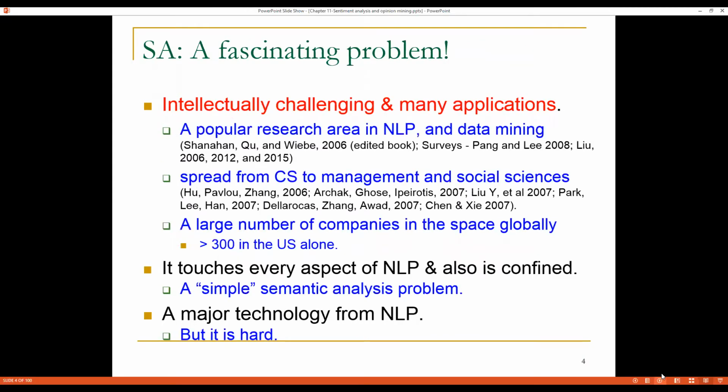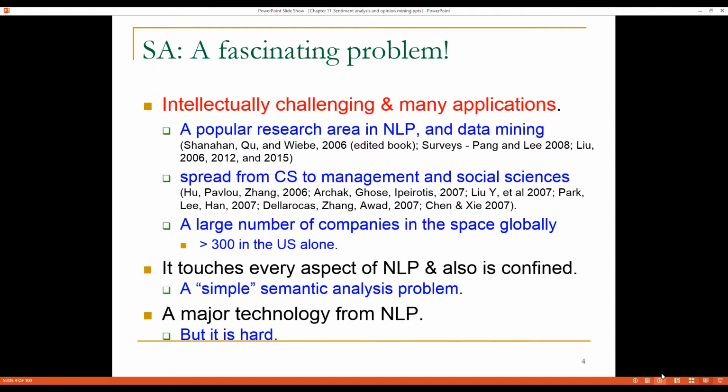So sentiment analysis is a fascinating problem. It's intellectually challenging and it has many applications. It's a popular research area in natural language processing and data mining. It's spread from computer science to management and social sciences. There's a large number of companies in the space globally.